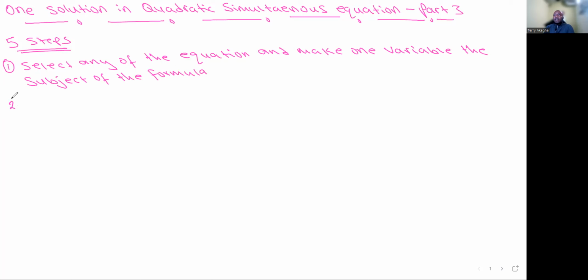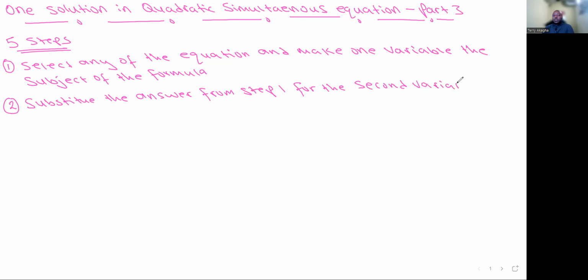Number 2, after that, you then have to substitute the answer from step 1 for the second variable into the second equation. So you do that for the second variable into the second equation.